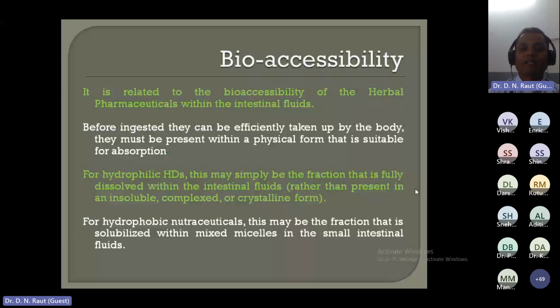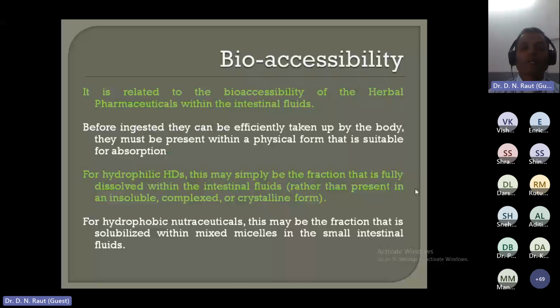Before being ingested, that particular drug can be efficiently taken up by the body only if it is present in a physical form that is suitable for absorption. In the case of hydrophilic herbal drugs, this may simply be the fraction of the drug that is fully dissolved within the intestinal fluid, rather than present in an insoluble, complex, or crystalline form.